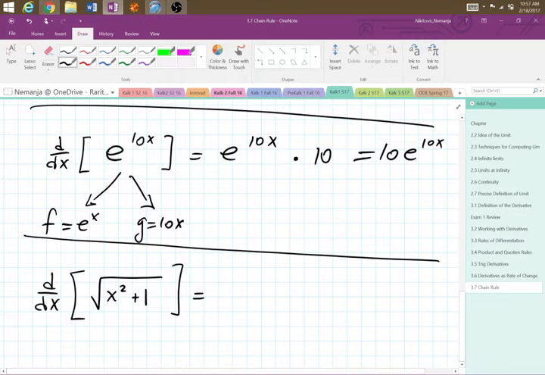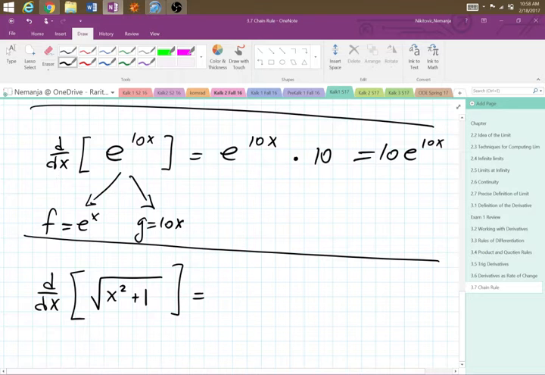You can't take the square root because of the plus 1. So again, what is the main function here? Square root of x is the boss. And what's plugged into it? x squared plus 1. Good.